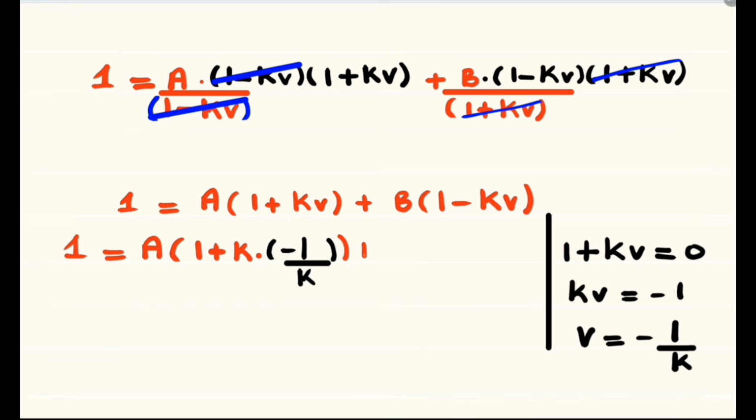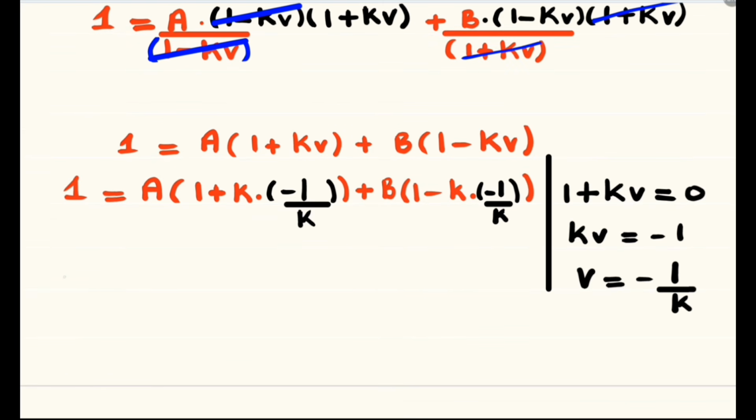plus b multiplied by 1 minus k multiplied, in the place of the v, we have negative 1 divided by k, and the 1 will be equal to a into 1 plus, so that k and that k will cancel out and we'll have negative 1 here.